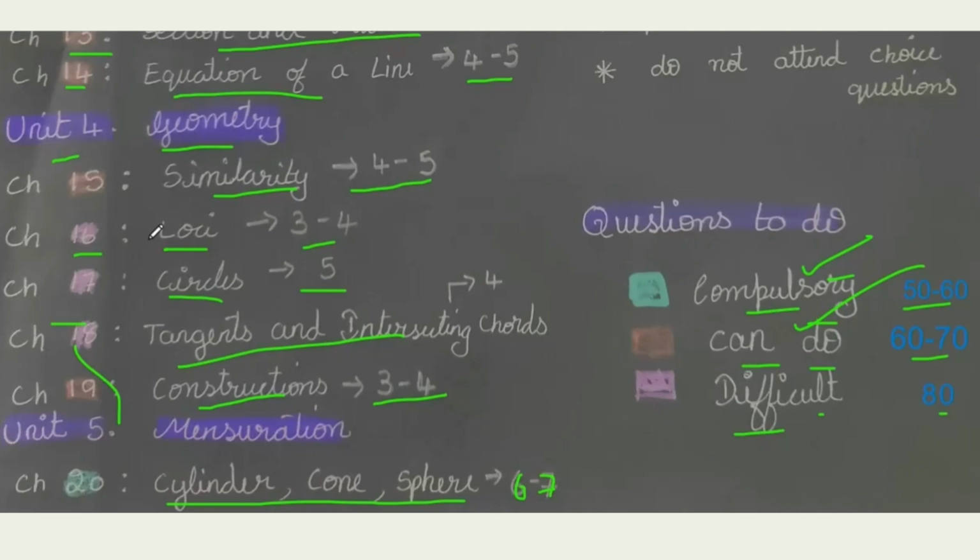If you write the statement of the theorem, they will give you full marks, or else they will deduct the marks, students. So remember it. And tangents and intersecting chords will give you 4 marks. If you know the circles chapter, you could do chapter 18, that is tangents and intersecting chords, easily. And we will go to the next.